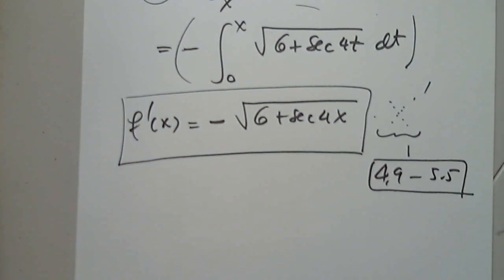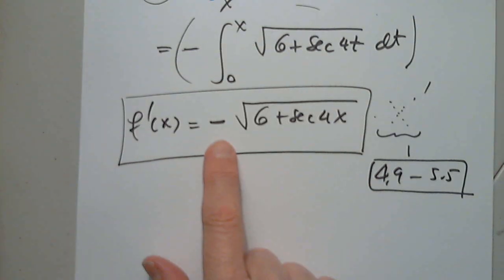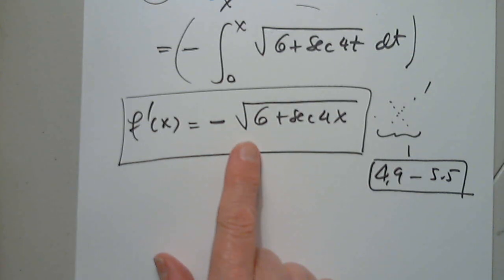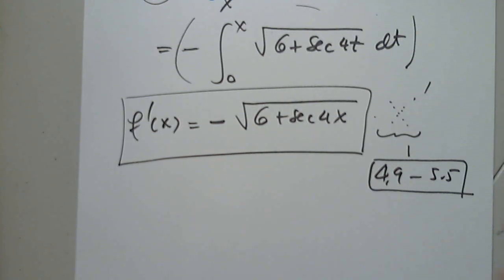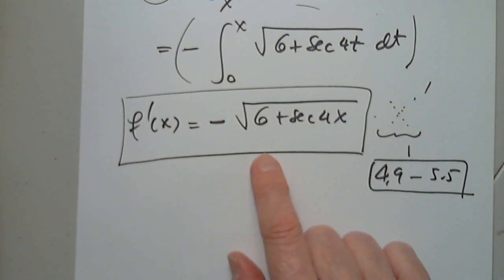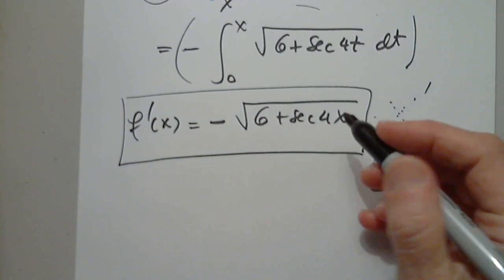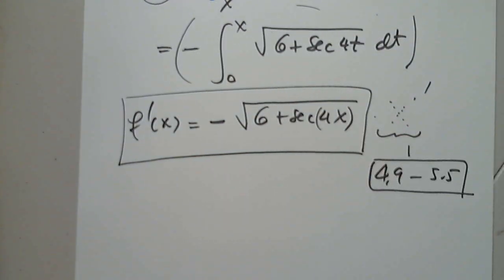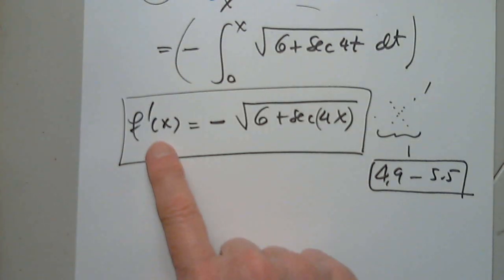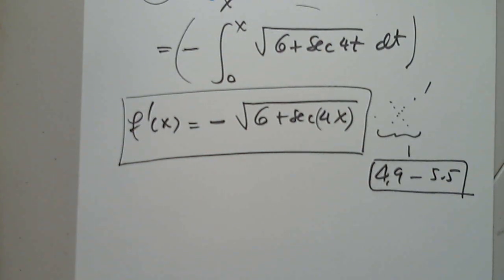It's marking it wrong. Did you put the negative in front? I'm going to try erasing it and typing it again. So negative square root of 6 plus secant 4x. Oh, I put a t instead of an x. I have to have x because it's f prime of x. Nope, that was my mistake.